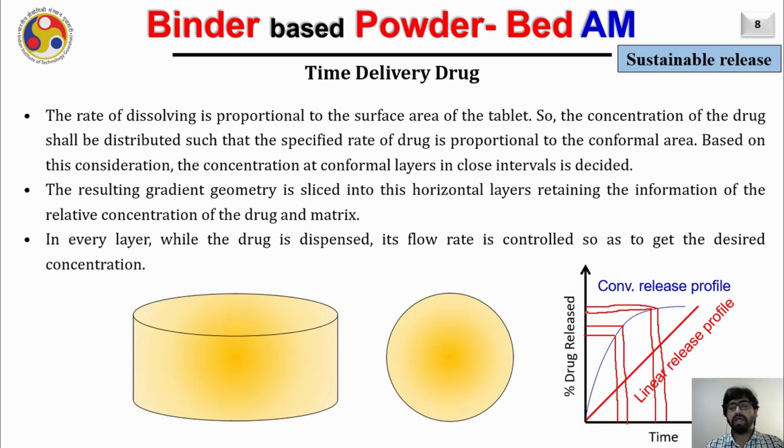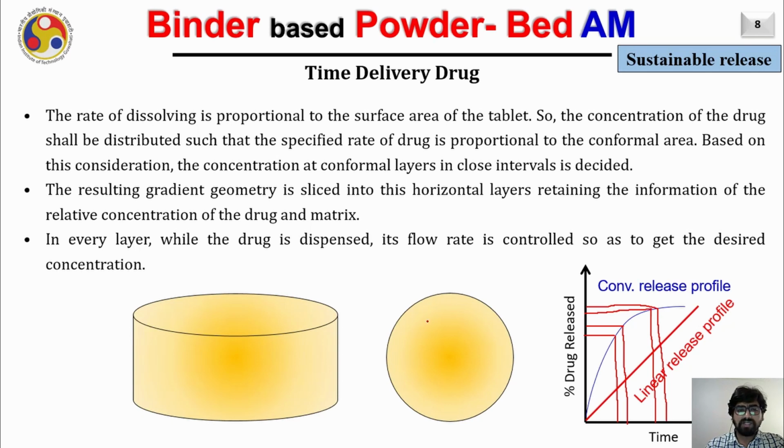As a result, you will not have a constant amount of drug release over a period of time if you are dealing with a conventional drug. So what is desirable? It is desirable that the concentration of the drug should be distributed in such a way that the specified rate of drug release can be obtained.